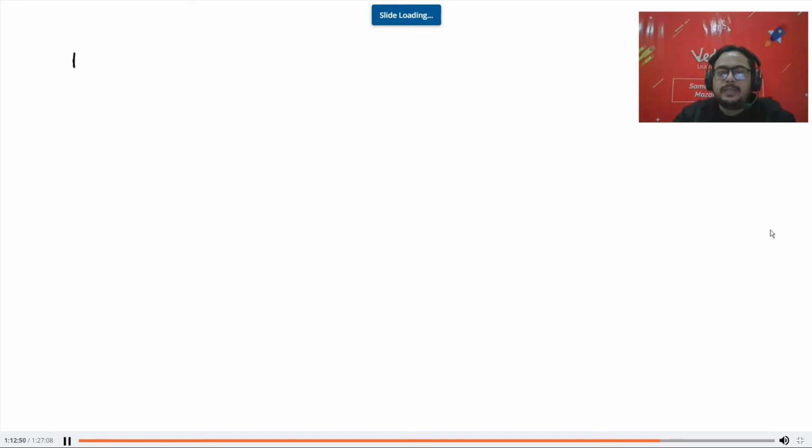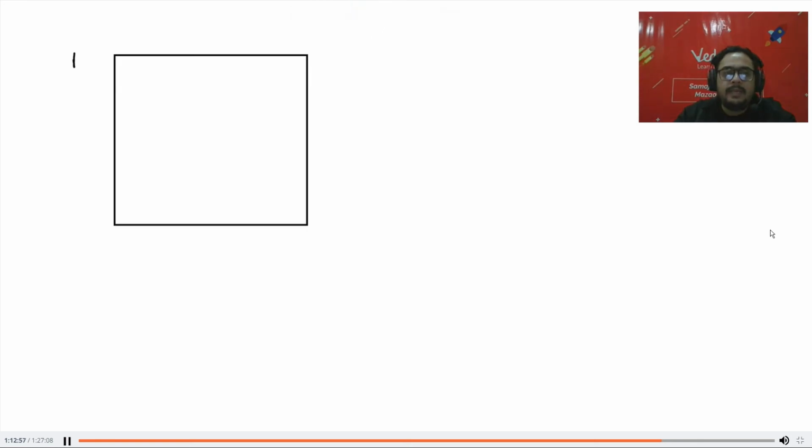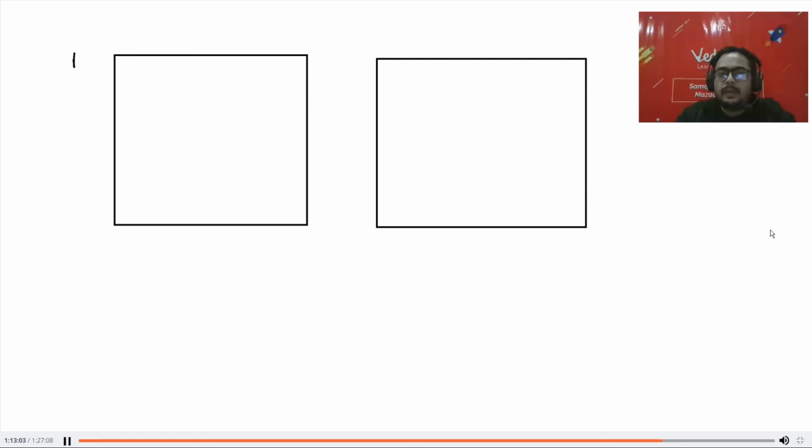Let me say I had a plate like this, but I cut it into smaller surfaces. I minimize the surface area. How? I do something like this.